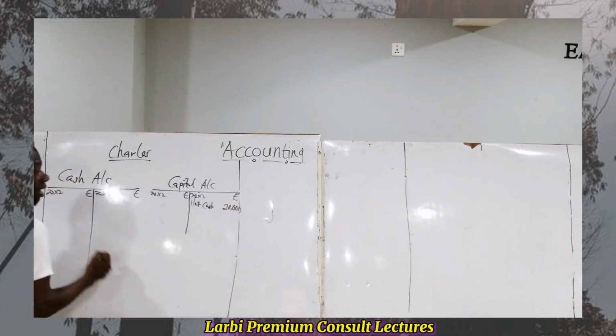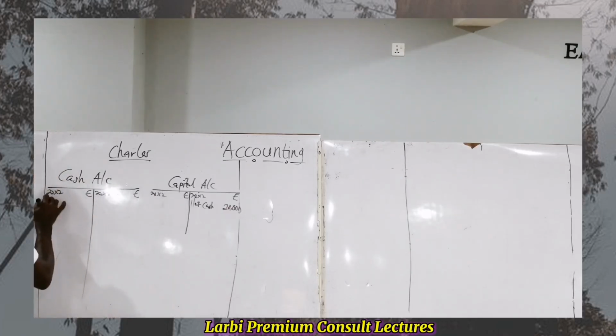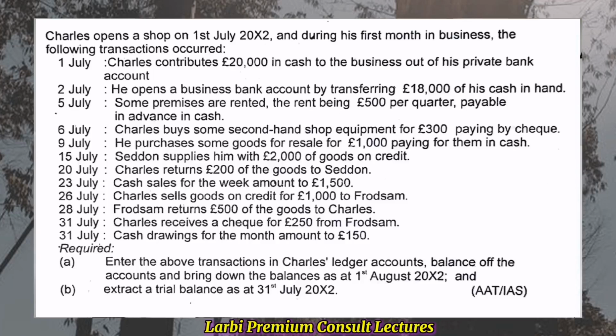And when it comes to the cash account, we debit the cash account in the name of capital. So the same day, 1st July, we have capital, shortened here as well, 20,000. Then we move on to the next transaction.